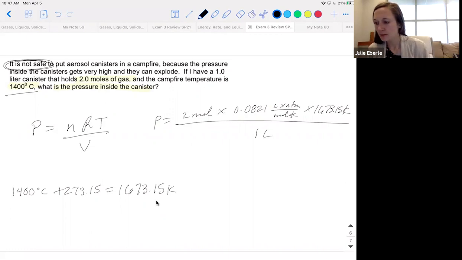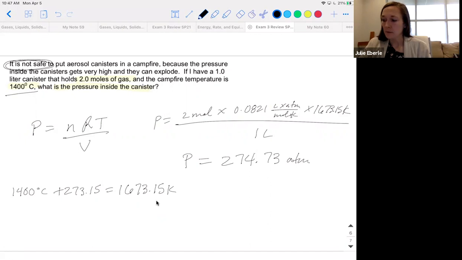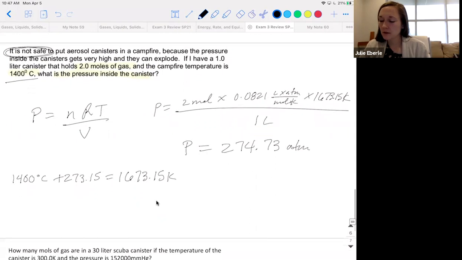So 2 times 0.0821 times 1673.15. Okay, Maddie and Grant both got the same thing. Pressure is really high, 274.73 atm.